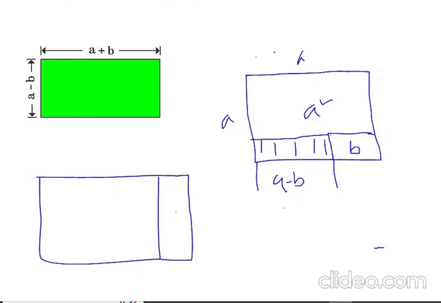And when we do it with cutting paper, we will attach it with this rectangle. So this is a minus b.